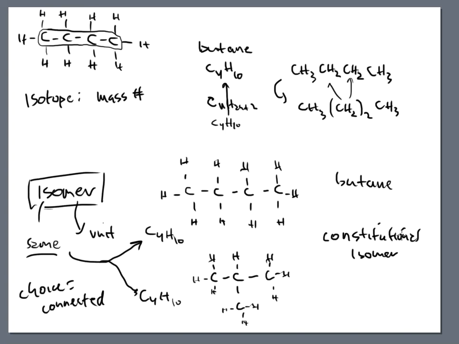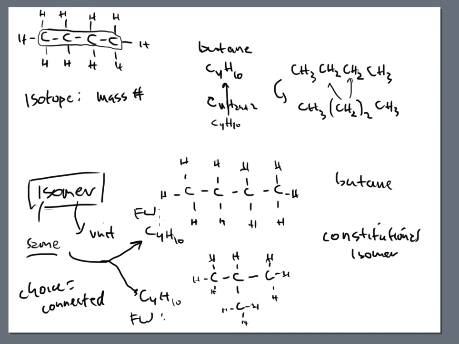So isomers are two or more chemical substances, like we've drawn here, having the same composition, which basically means the same number of atoms, and molecular weight. If they have the same number of atoms, well, if you did the formula weight for this thing and you did the formula weight for this one, you would get the same number here as well. They only differ in structure. That's it.